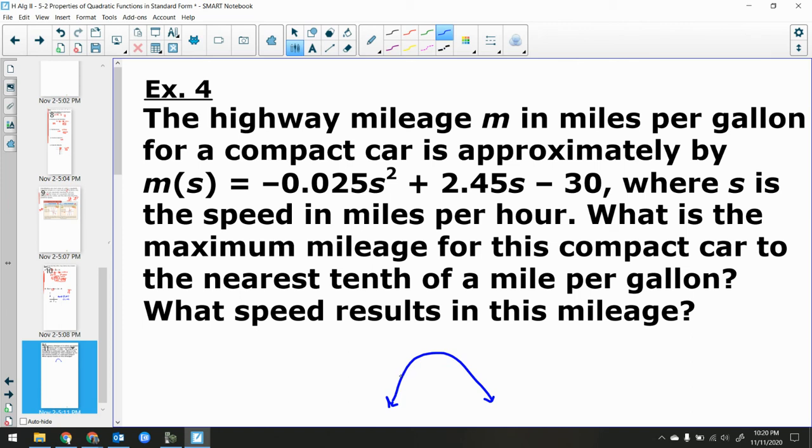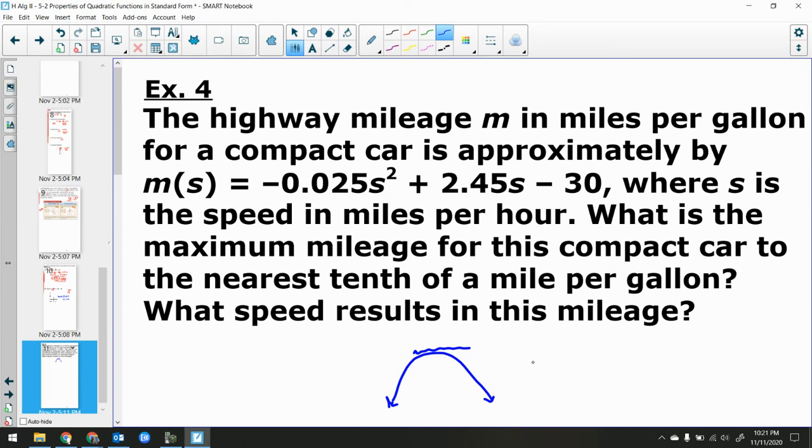If you are too slow, and you're not pressing on the gas very much, your gas mileage is not as much. So there's some peak speed that maximizes your gas mileage. So let's figure out what that gas mileage would be if I wanted to maximize that.